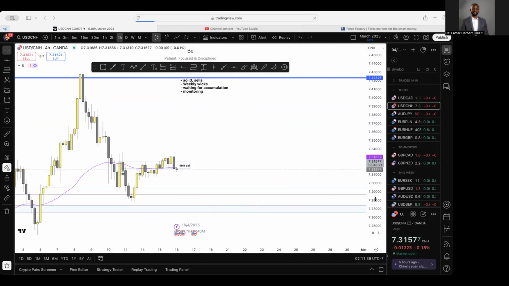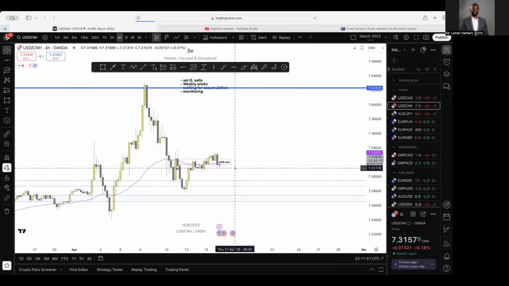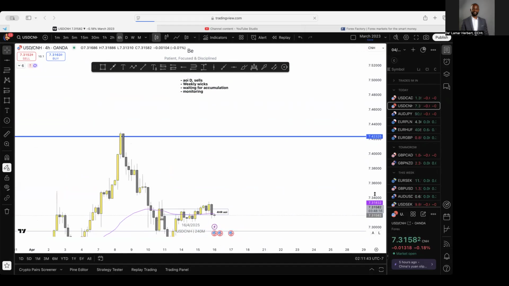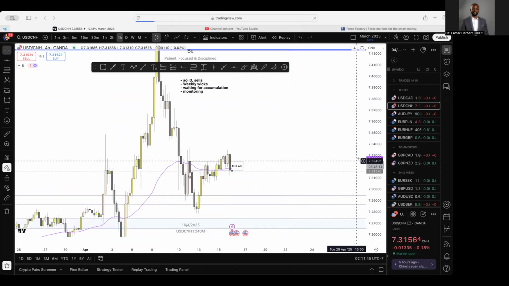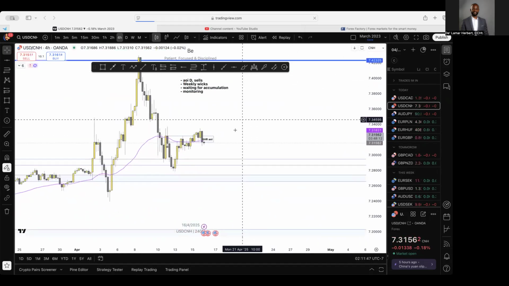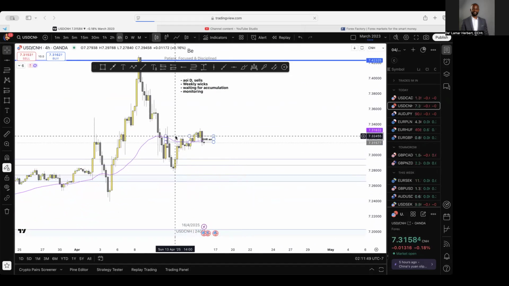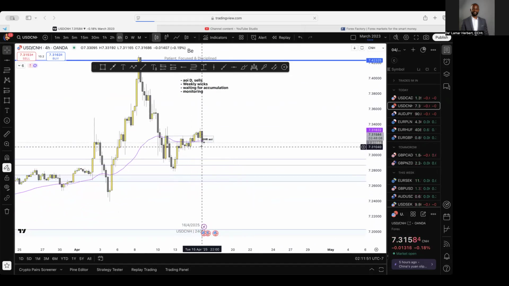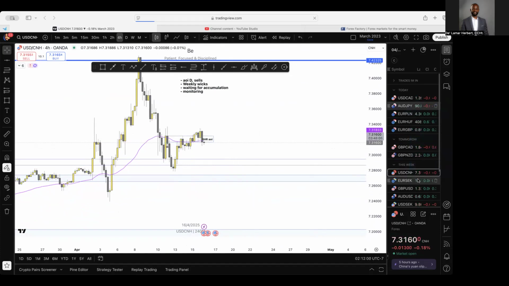The 4 hour actually looks bearish. So we're not in sync. Yeah, because this would be a higher high, a higher low. So it looks like we had a small shift here. I would actually not even count this right now because we're not in sync.